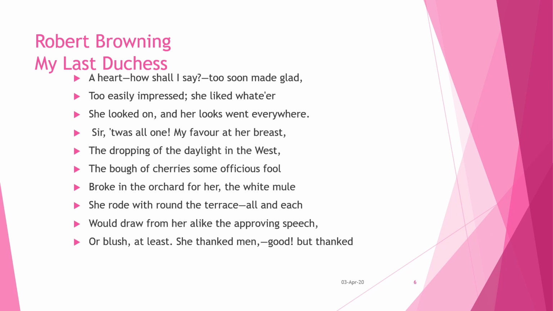She didn't differ. Everything was the same to her. And then he begins to give us examples to try and enforce the meaning that he is trying to convey to the silent listener.